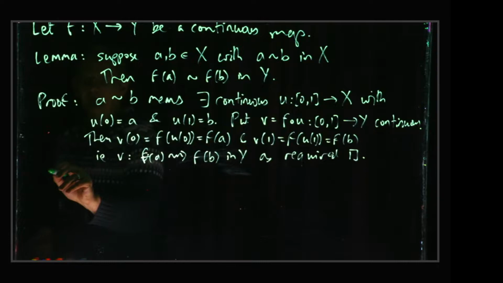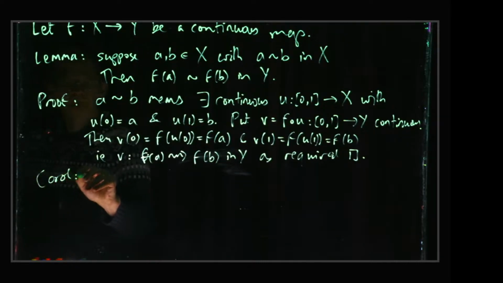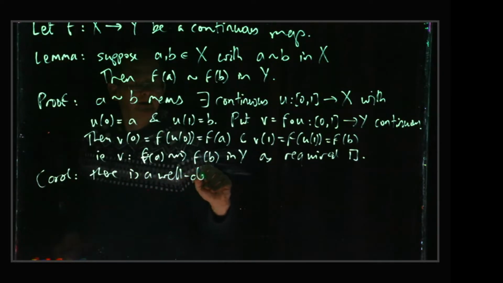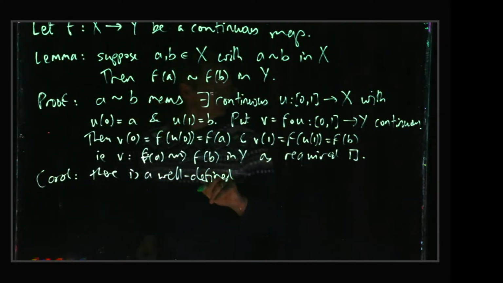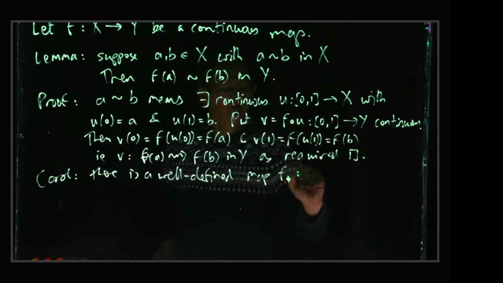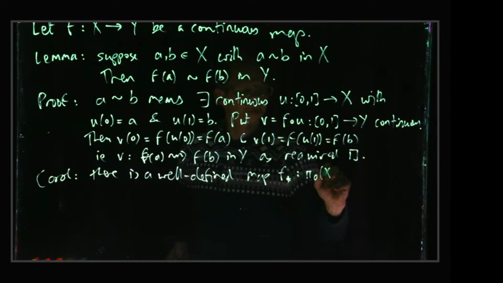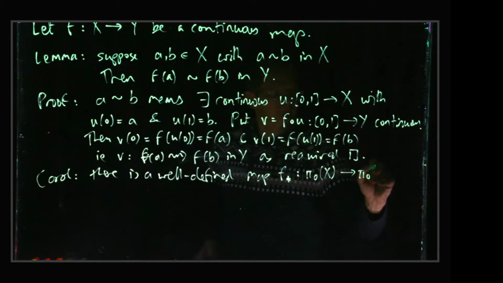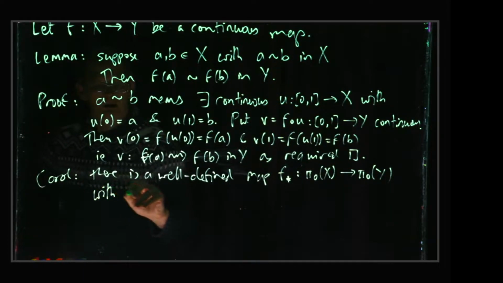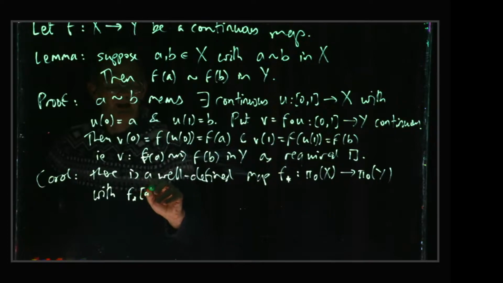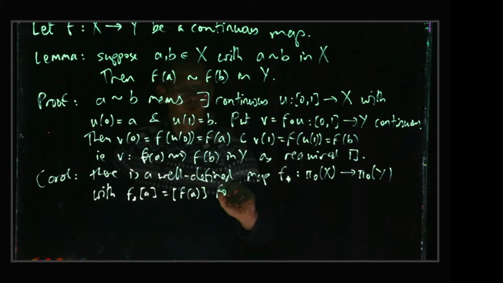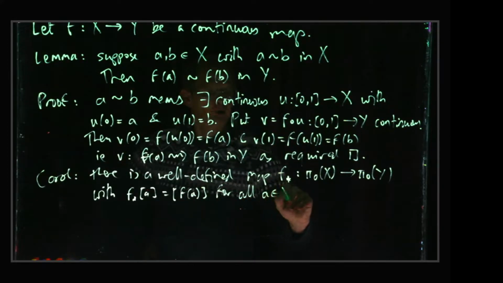So as a corollary of that, we get a well-defined map, which I'm going to call f lower star, from pi0 X to pi0 Y, with f lower star of square bracket A equal to square bracket f of A for all A in X.